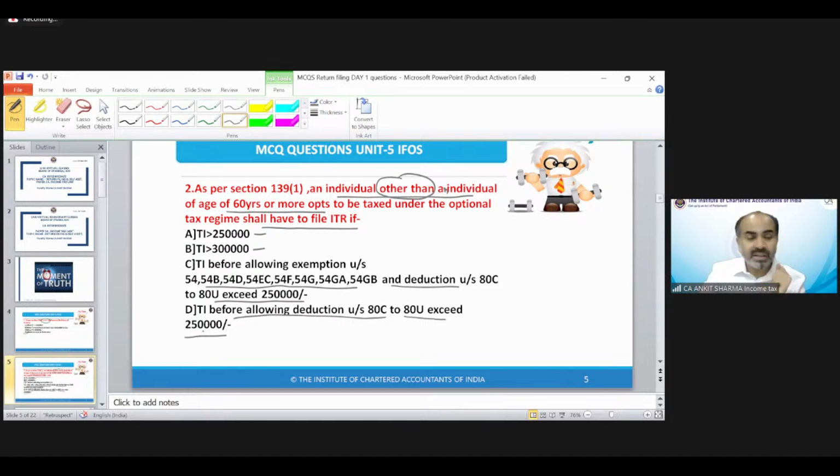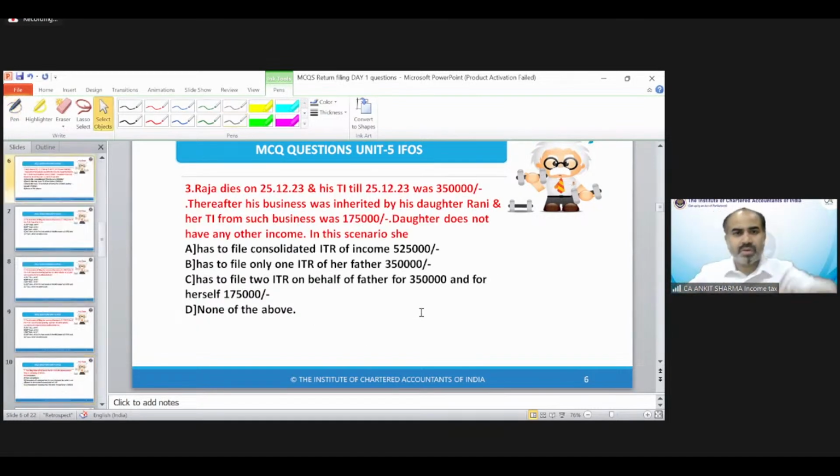So the correct answer is of course C. If your total income before allowing exemption under section 54, 54B, 54D, 54EC, 54F, 54G, 54GA, 54GB and deduction under section 80C to 80U exceeded 2,50,000, then that individual needs to file the income tax return. Next, it's very interesting.